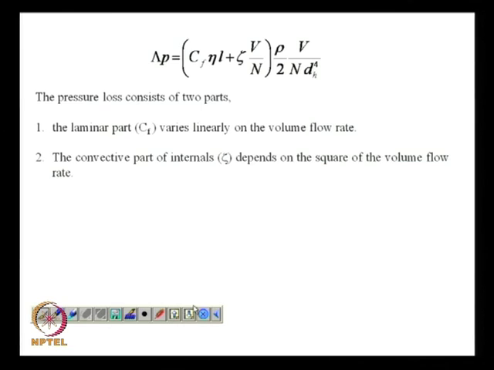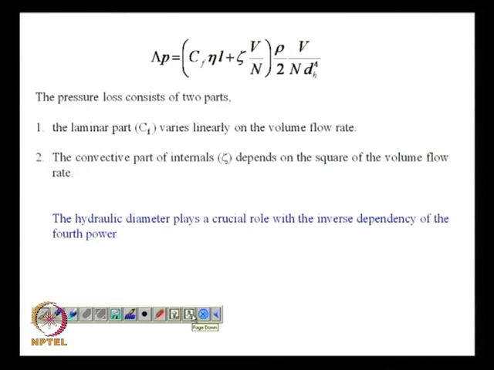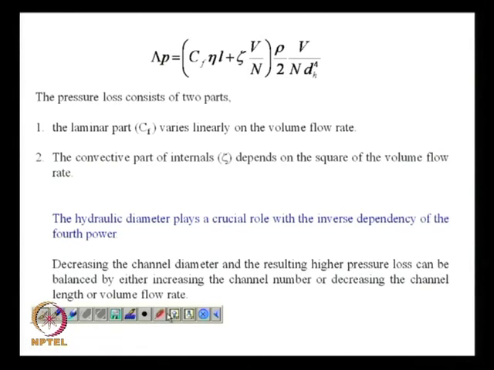Now if I look at number 2, the convective pressure losses depend on the square of the volume flow rate obviously, but the hydraulic diameter plays a very crucial role because of the inverse dependency of the fourth order.